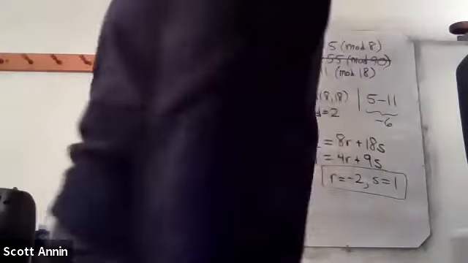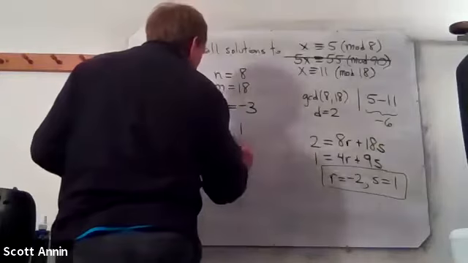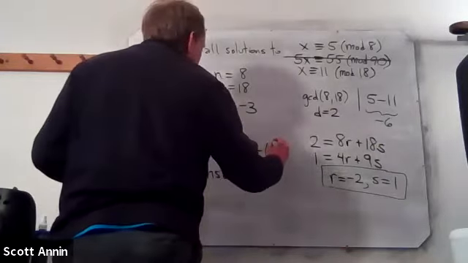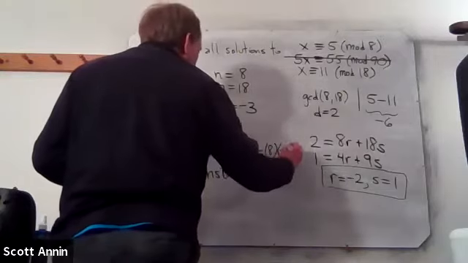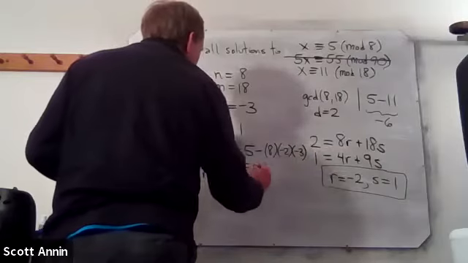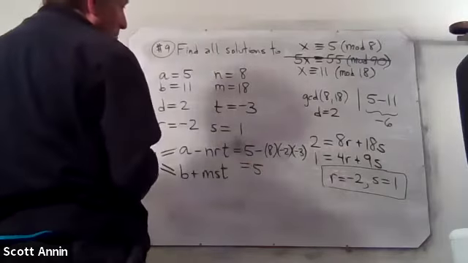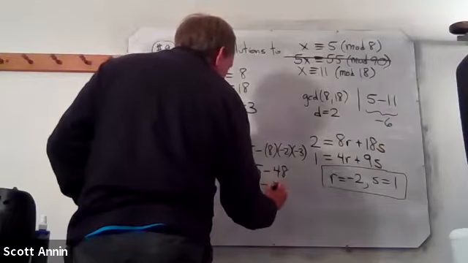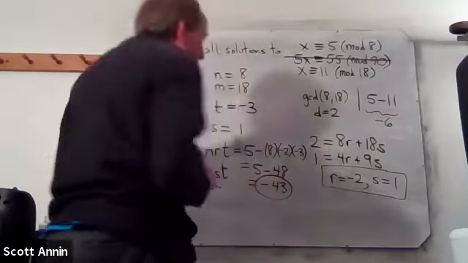Let me just use the one on the top. This is going to be 5 minus, let's see, n was 8, r was -2, and t was -3. So that's 5 minus 48, which is -43.